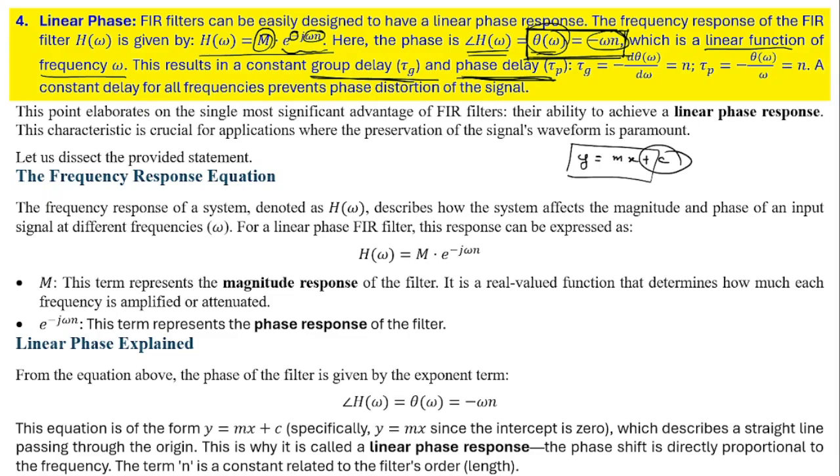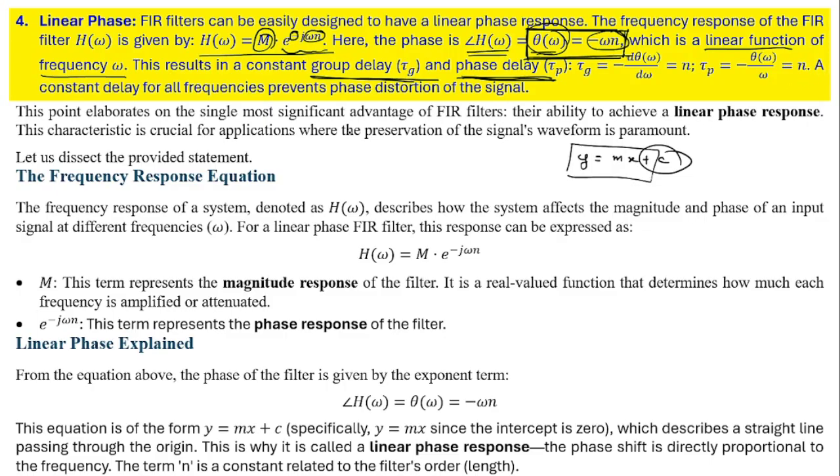On the other hand, group delay helps us to analyze the envelope, or the overall shape of the curve. So we want to see whether there is any distortion in the overall shape of the curve. Whereas in the phase delay, we are basically interested in the delay in the individual frequency component.